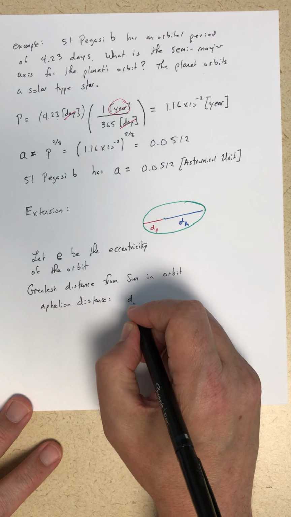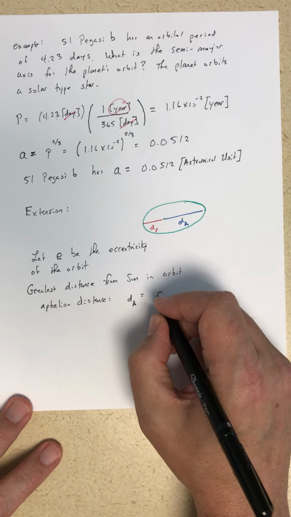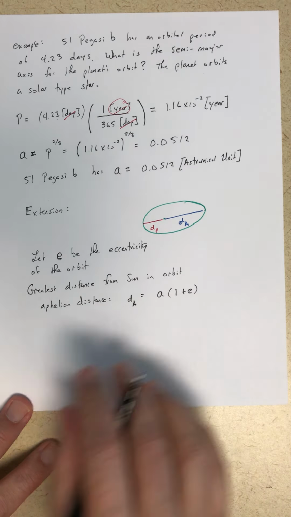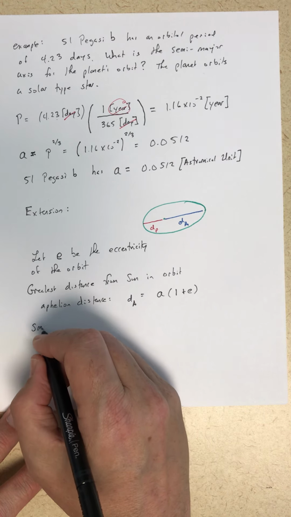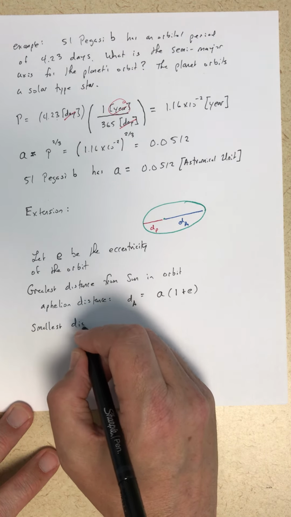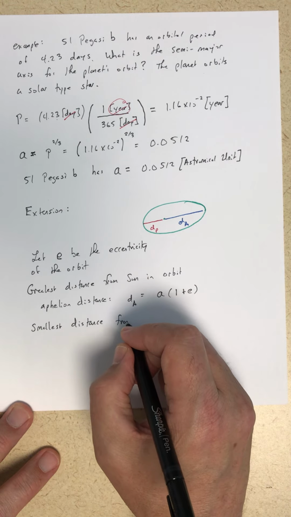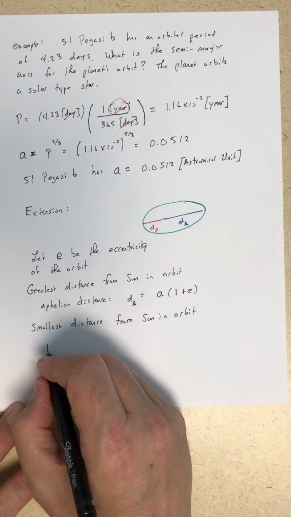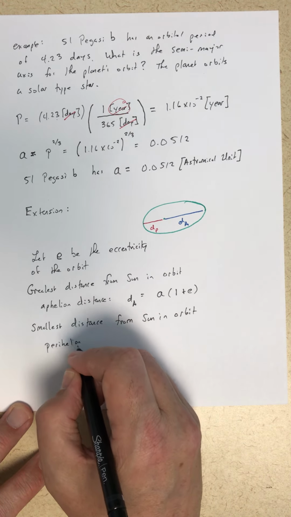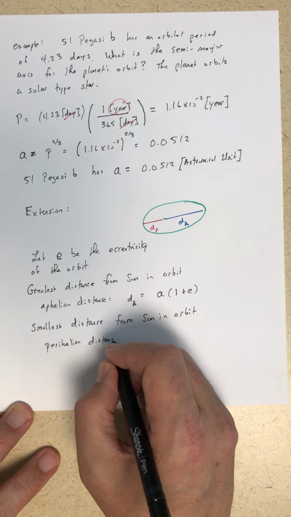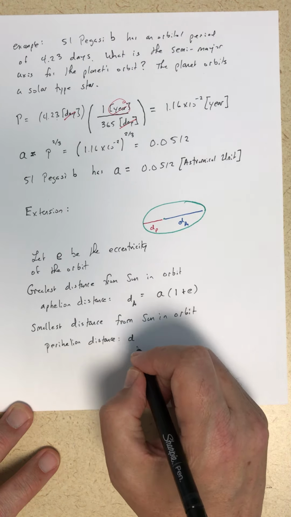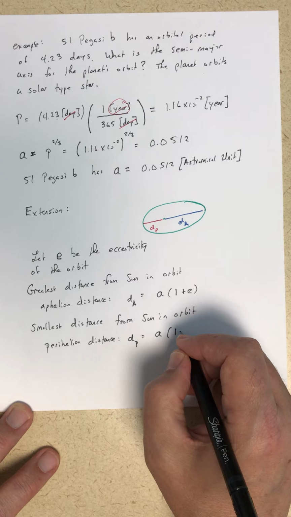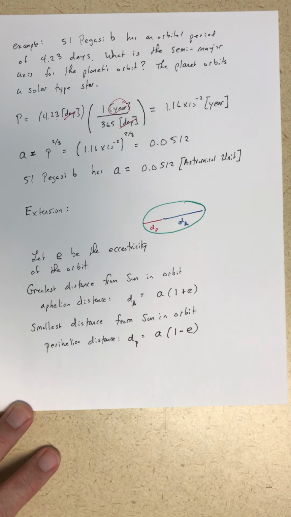So d sub a is going to be the semi-major axis times 1 plus the eccentricity, and the smallest distance from Sun in an eccentric orbit is the perihelion distance. So d sub p is again the semi-major axis times 1 minus the eccentricity e.